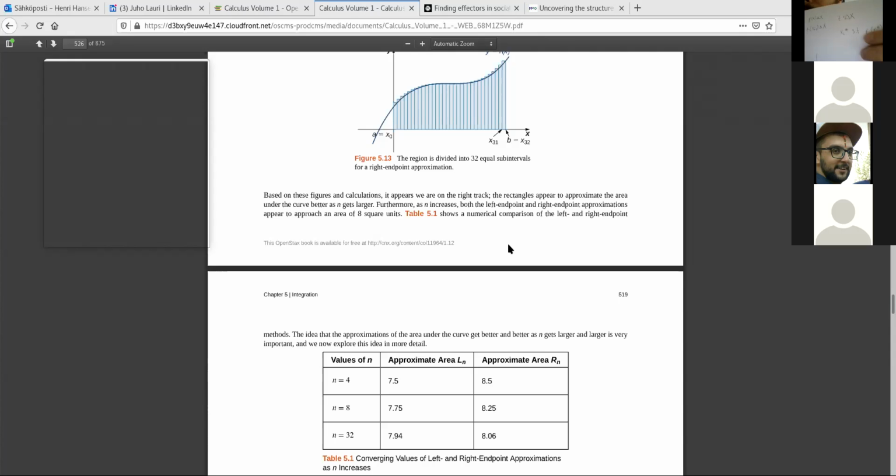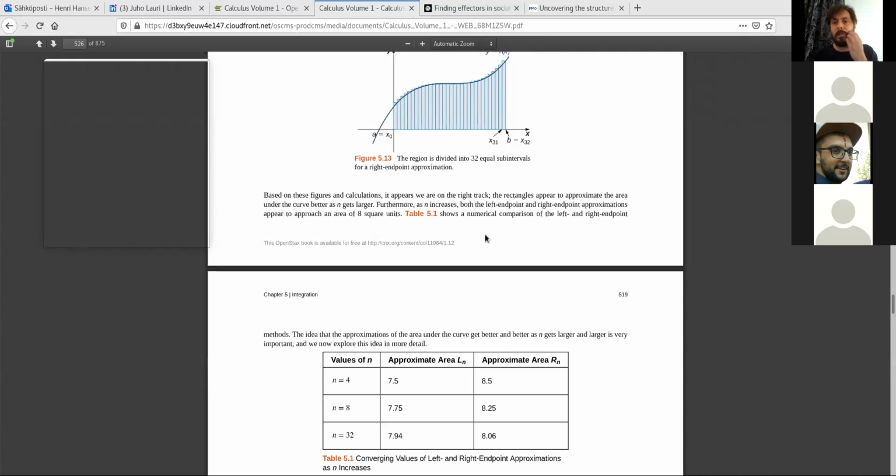Using the intermediate value theorem, we are guaranteed that we can find an xi star such that the function's value at xi star is z, and this xi star will in fact be between xi minus 1 and xi.